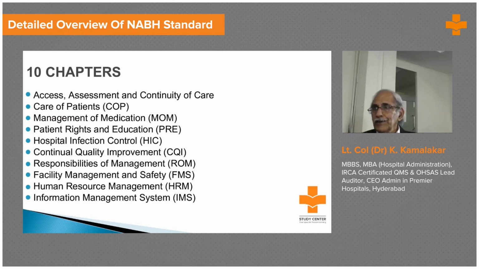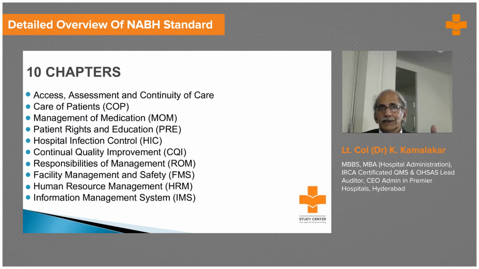Now, you have to give him the privileges which are within his specialty. You cannot give him a privilege to operate on a gastrointestinal problem because he has become a super specialist, his system is different.